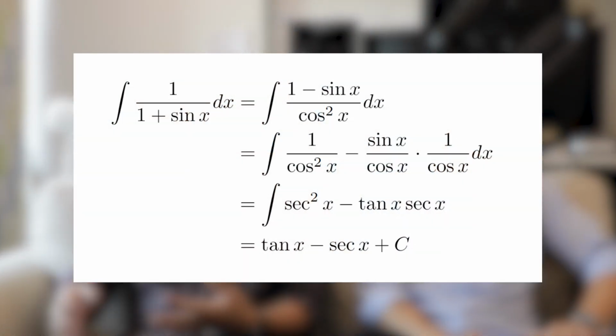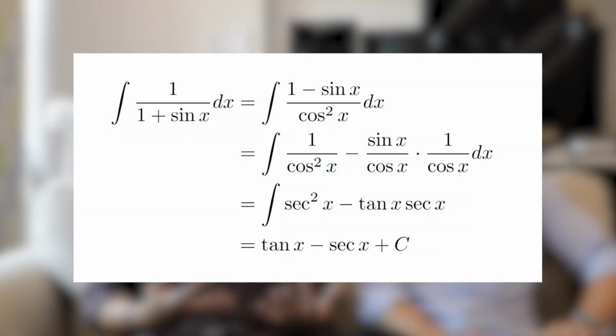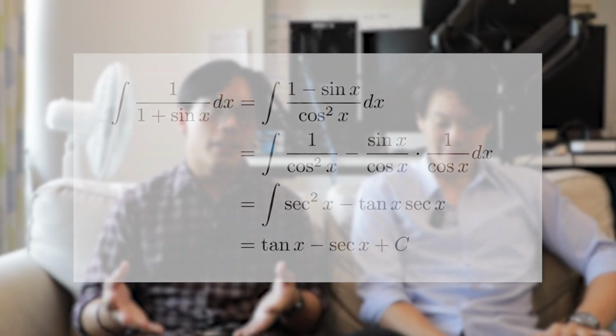So a way to solve this integral in particular is you multiply it by its conjugate, you use some trig identity, and you evaluate the integral. But it's very involved, and the answer that you get at the end, tan x minus secant of x plus some constant, is still in the form of trigonometric functions. Yeah.